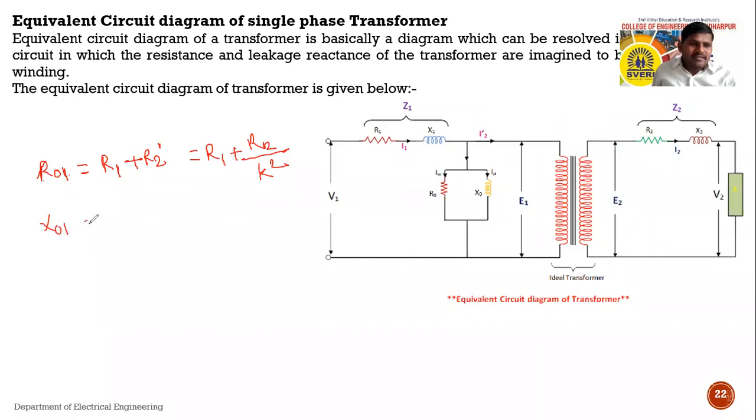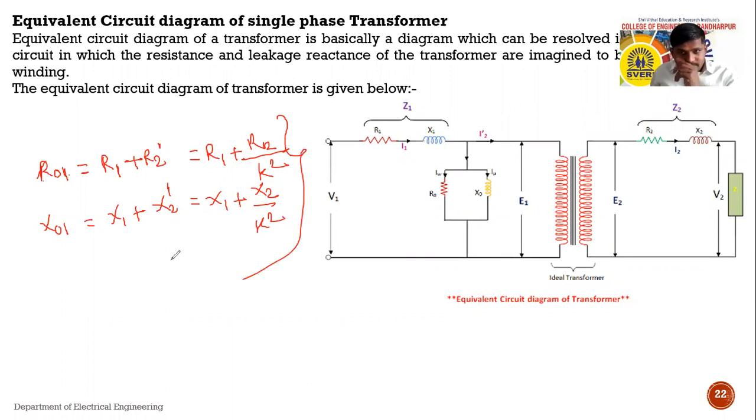Similarly, X01 is equal to X1 plus X2 dash, which is X1 plus X2 divided by K square. So these are the equivalent resistance and equivalent reactance referred to primary.